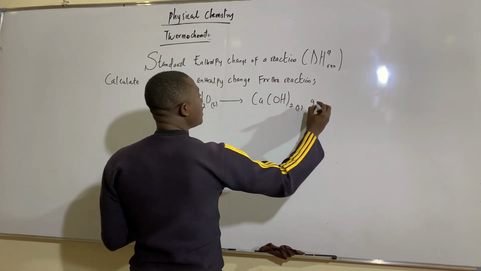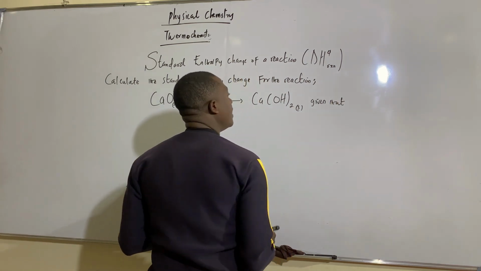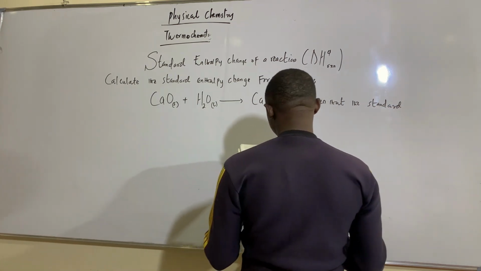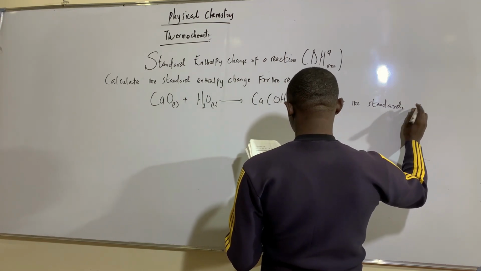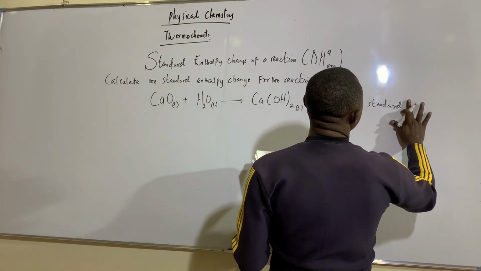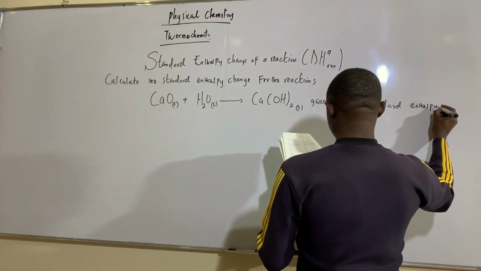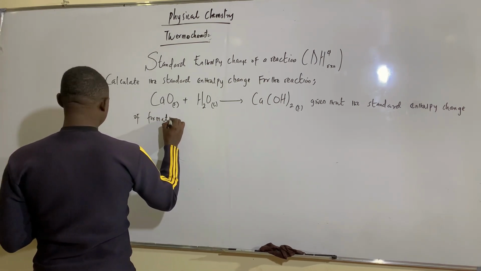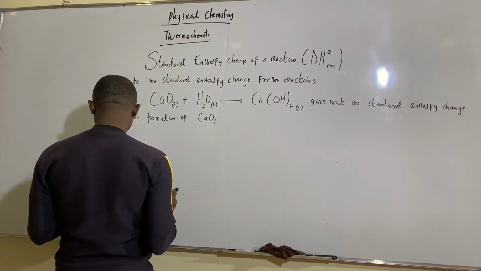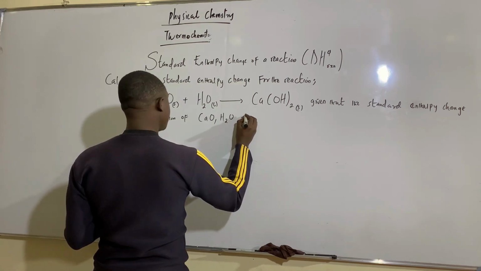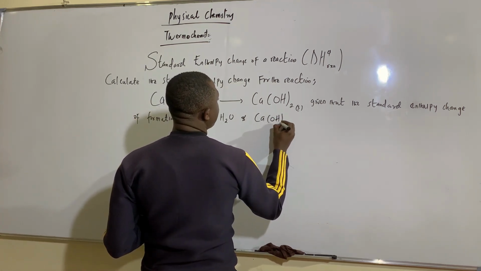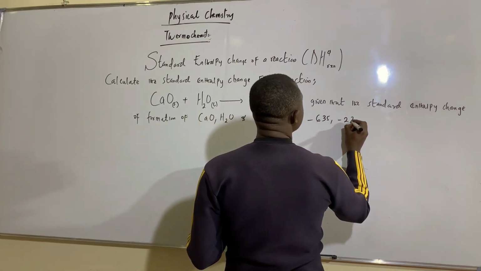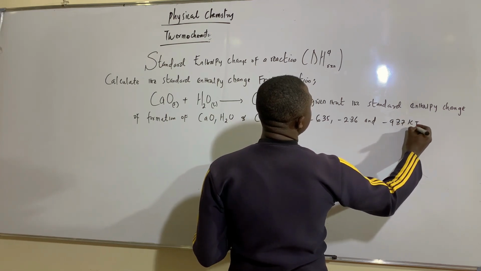So they say given that the standard enthalpy change of formation of calcium oxide, water and calcium hydroxide are minus 635, minus 286 and minus 987 kilojoule per mole.